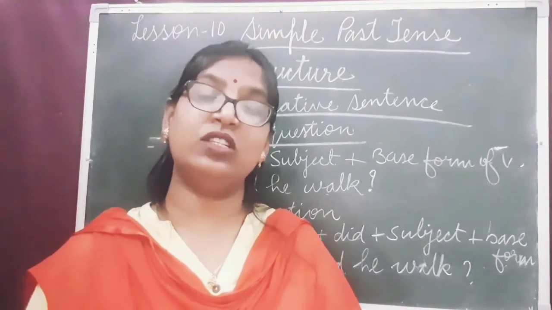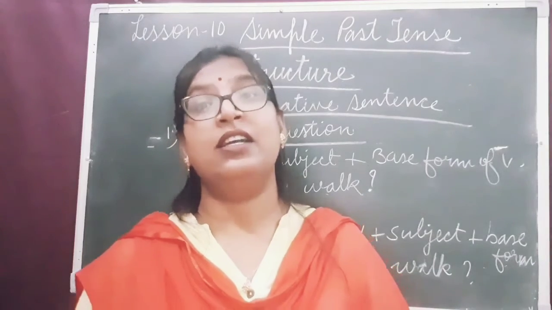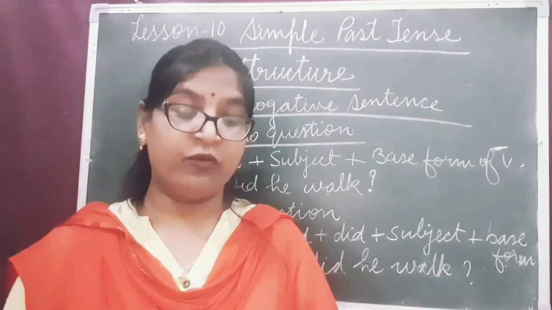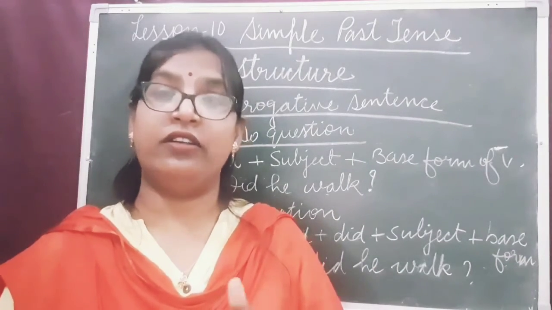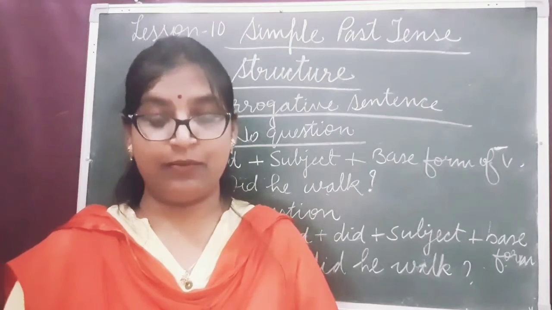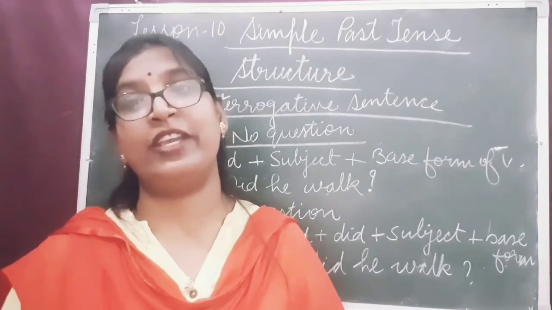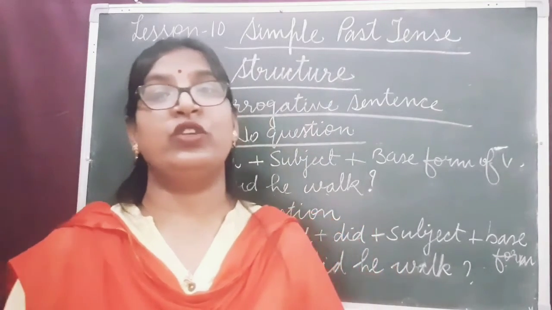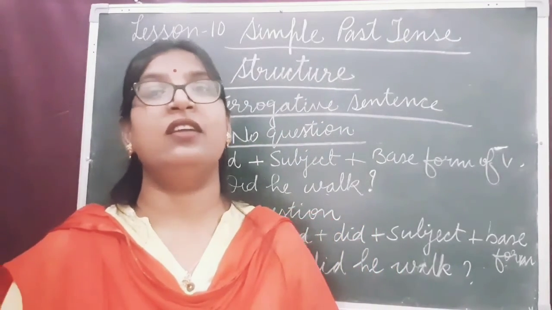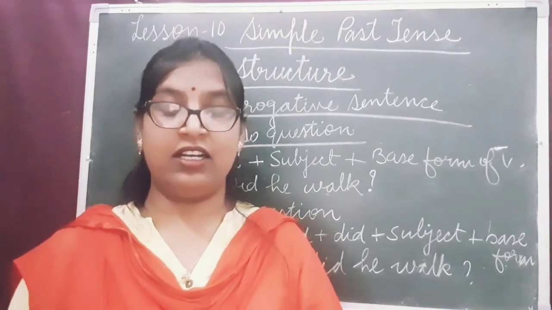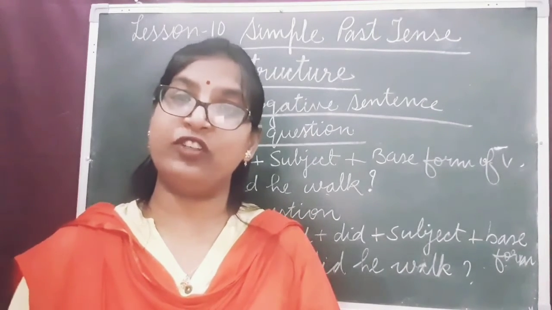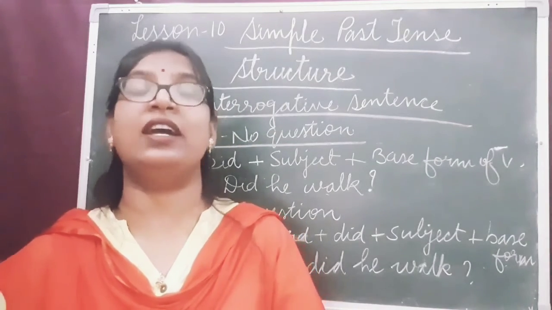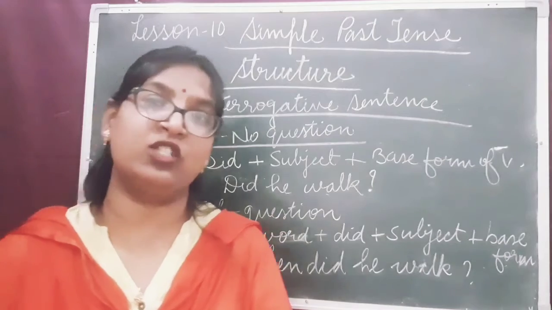In a yes no question, we use did plus subject plus the verb in its base form. And in a WH question, we use the WH word in the beginning followed by the past tense form of the verb do, that is did. WH word plus did plus subject and then the verb in its base form.